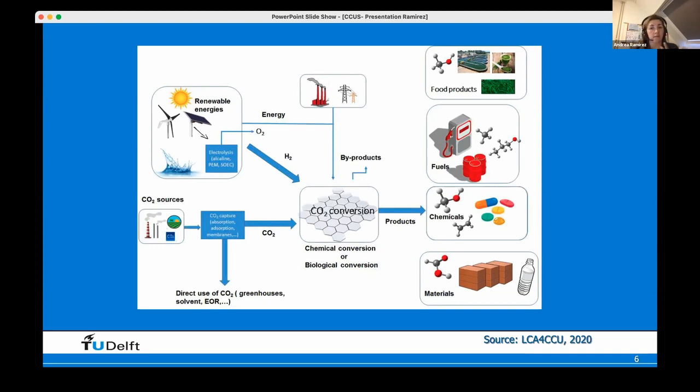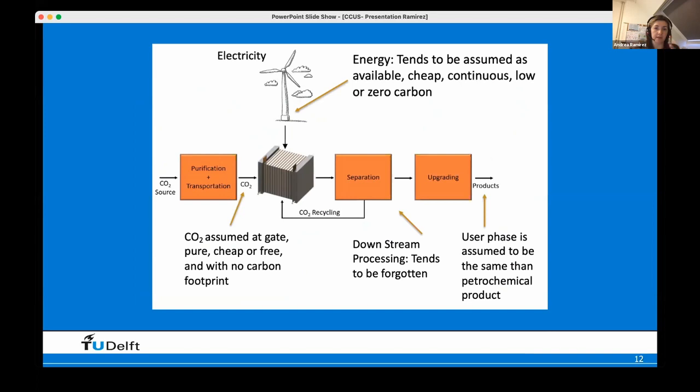Whether you analyze fuels, you will get a different picture than if you analyze food products, basic chemicals, or specialties and materials. And that is an unsatisfactory answer for a lot of policymakers. They would like you to give a yes or no, but from an LCA perspective, from a techno-economic perspective, we keep hammering on the conditions of the systems in which these technologies are implemented. So we cannot just make a big assessment.